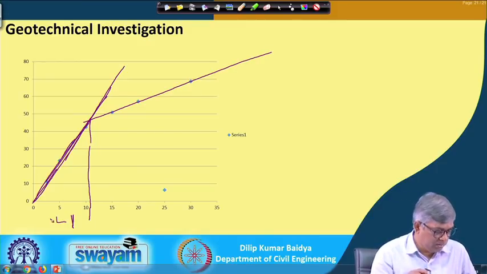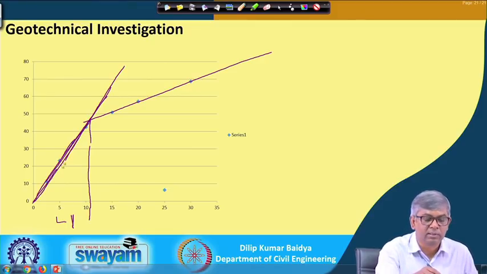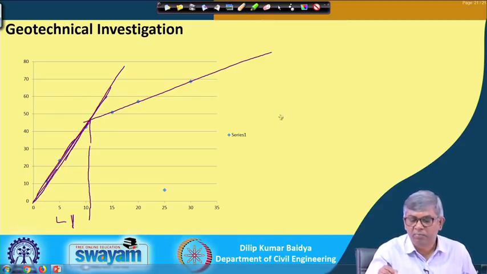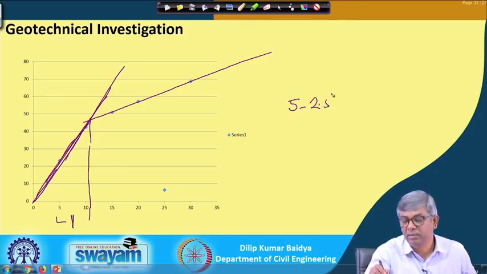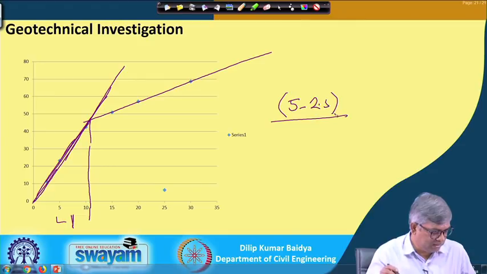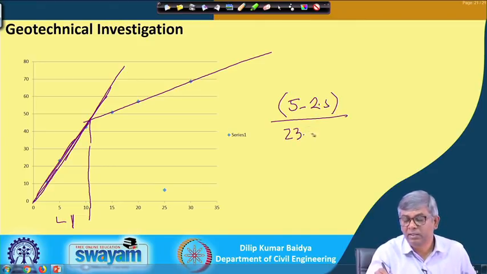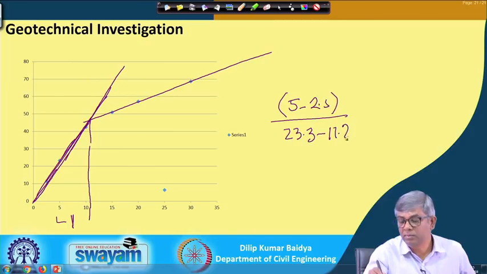If I consider these all in a line, then it will be 5 minus 2.5, that is L2 minus L1, divided by T2 minus T1, that means 23.3 minus 11.2, and that is supposed to be V1.